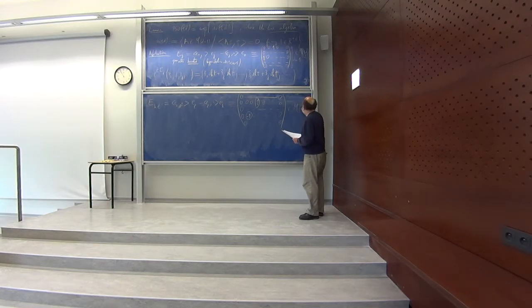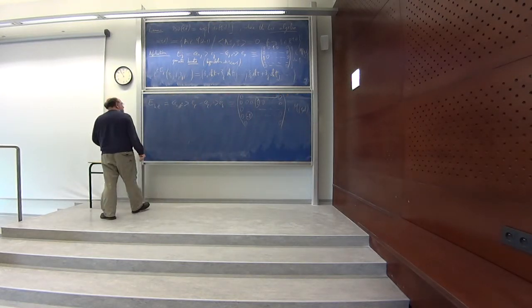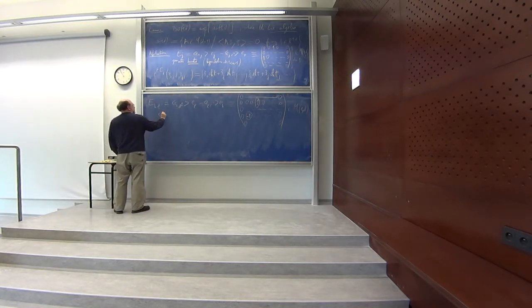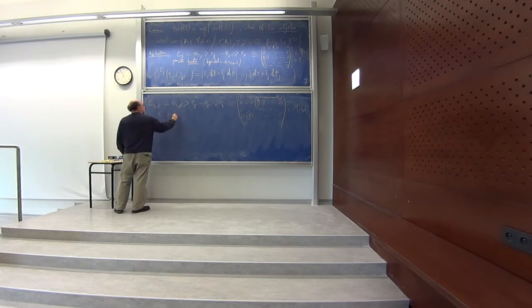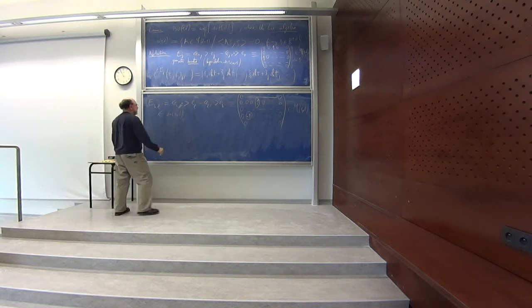Again, this is a matrix of size D plus 1. This belongs to SO(1,D), as in the Euclidean case. At this level, it does not change very much.